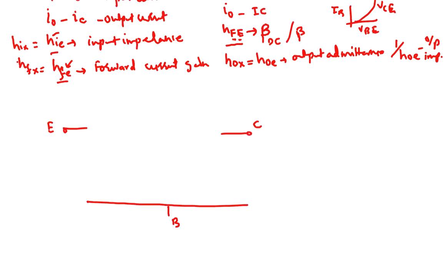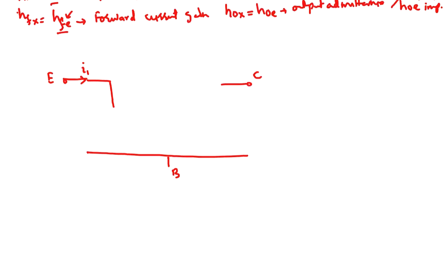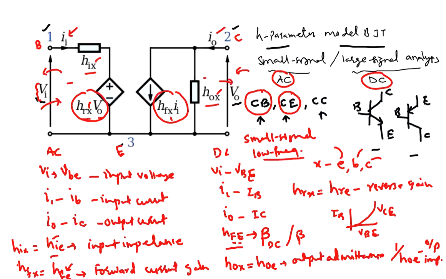So your input current I1 would be like this, and then just go up right here as you have done. You have to take this input impedance into account. So this will be your input impedance, HIX, but that HIX will now be your HIB, okay, not HIE, because you are talking about common base.